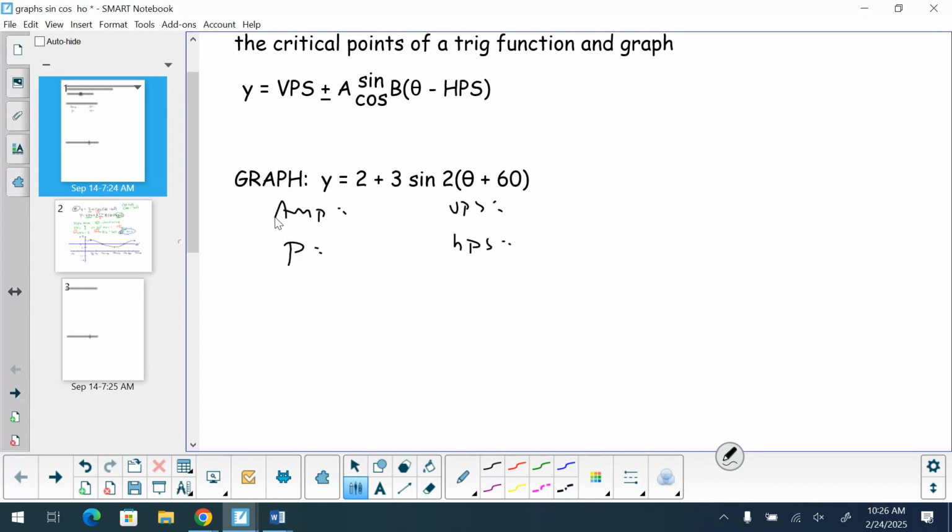Once again, just as a reminder, the period is 360 divided by b, and the amplitude is the absolute value of A. Vertical phase shift gives us the prime axis. Horizontal phase shift gives us theta start.